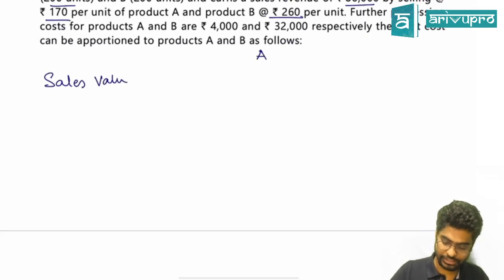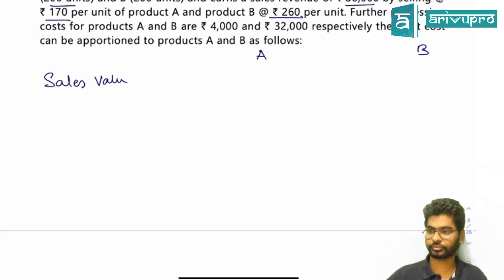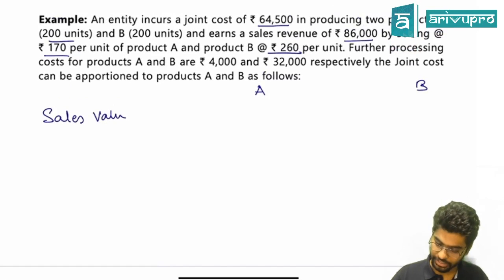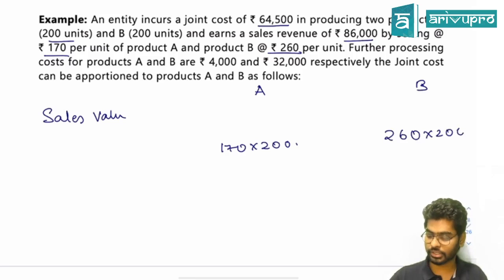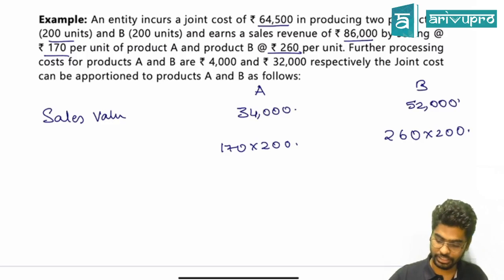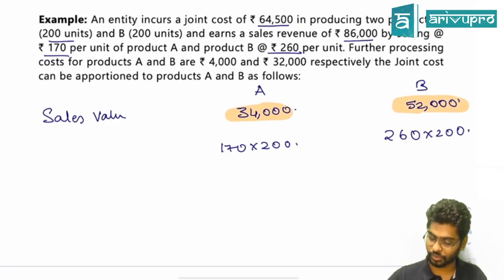There are two products A and B. For A it will be 170 into 200 units. For B it is 260 into 200 units, right? How much do I get? 34,000 and 52,000. This becomes my sales value.